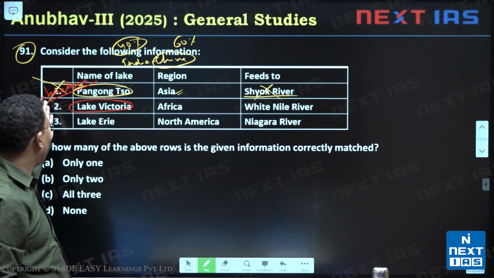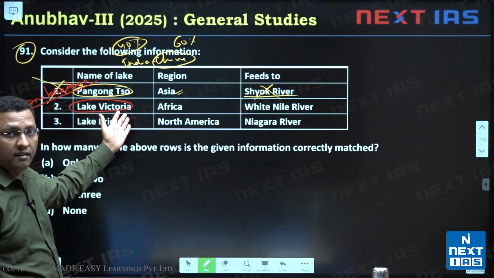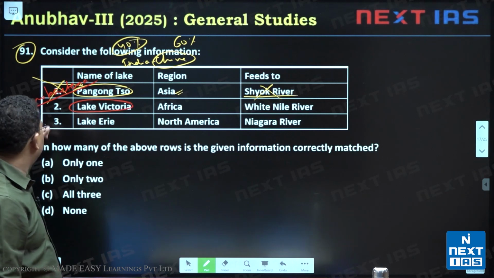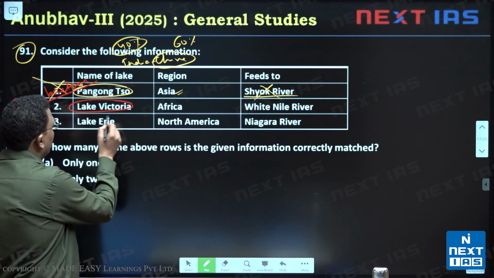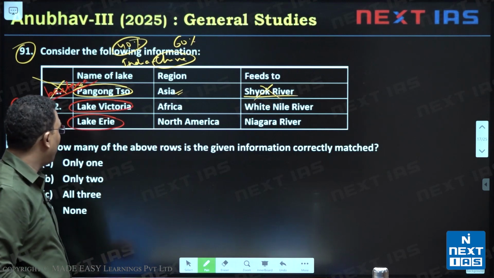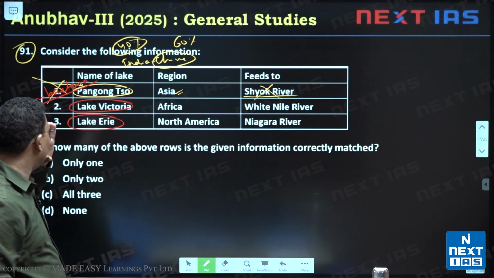And the same study also pointed out that the same thing can happen to Lake Erie if global warming continues. So that's why these two lakes have been in news, right?